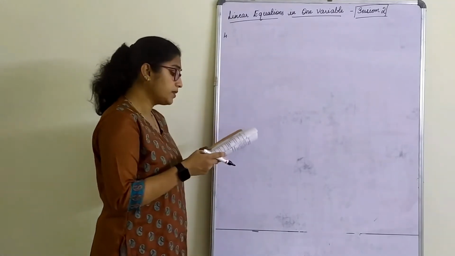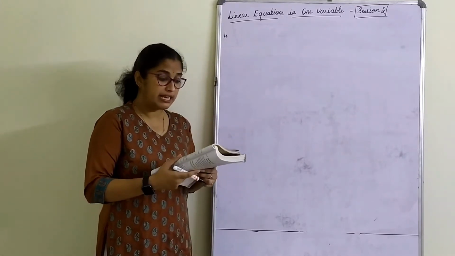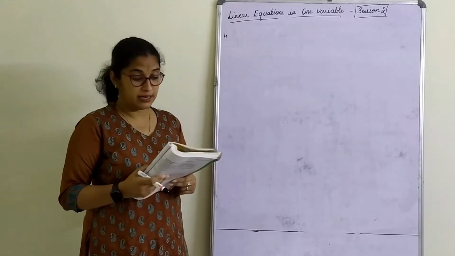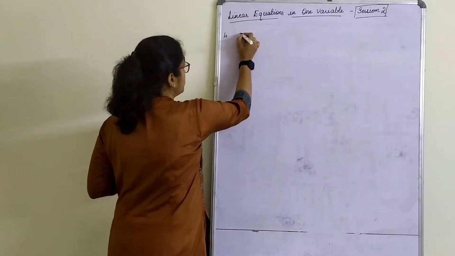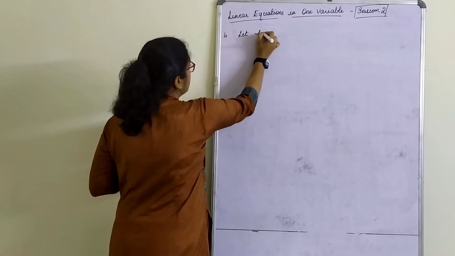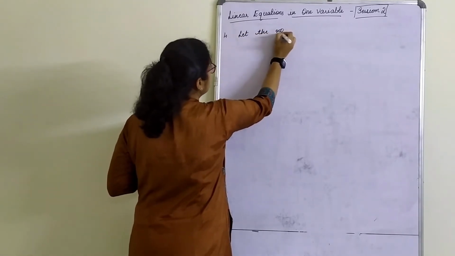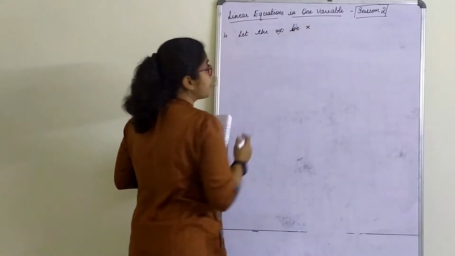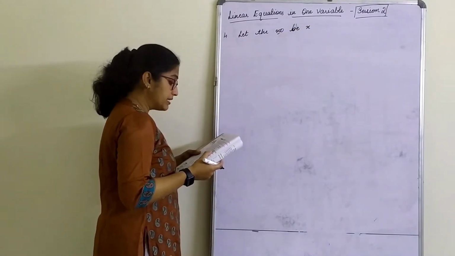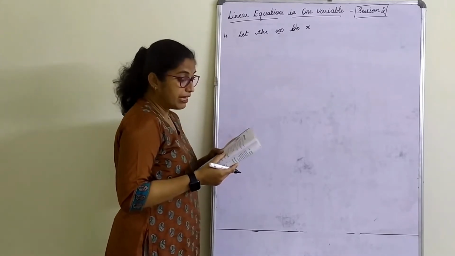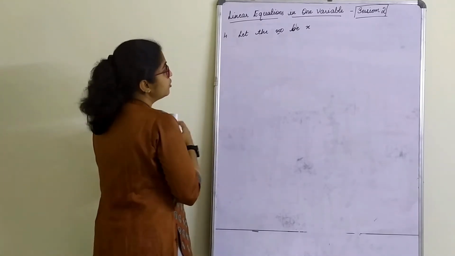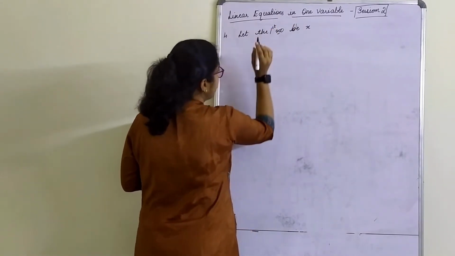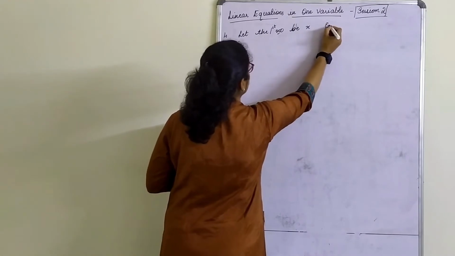Fourth one, sum of two numbers is 95. If one exceeds the other by 15, find the numbers. So as the first thing we write, let the first number be x, right?